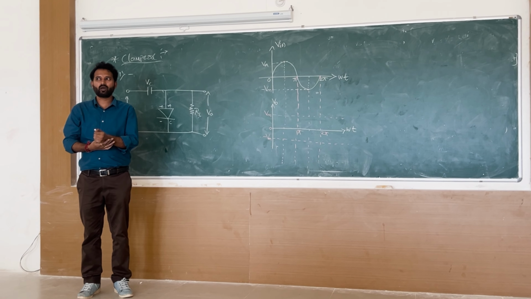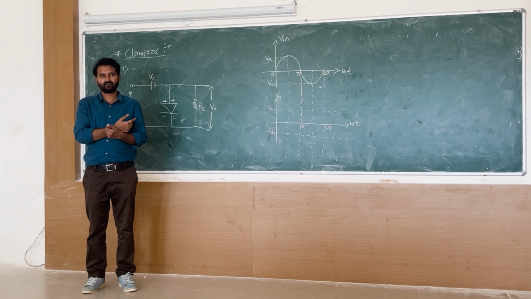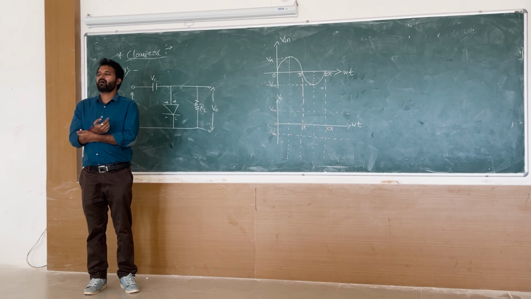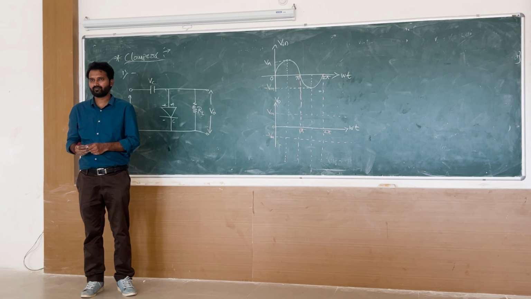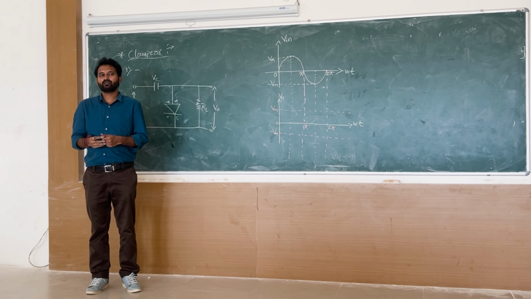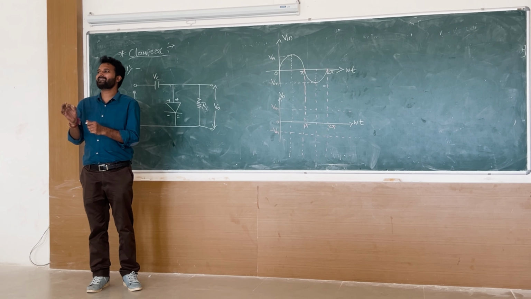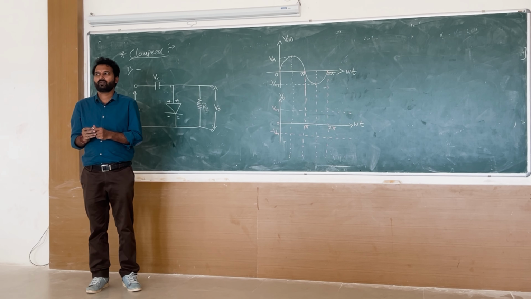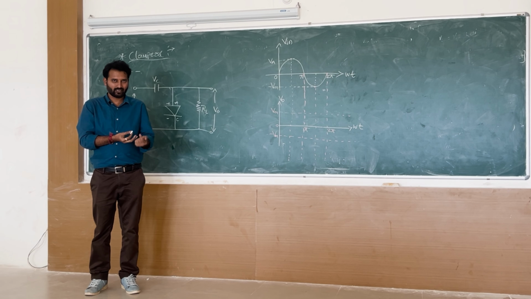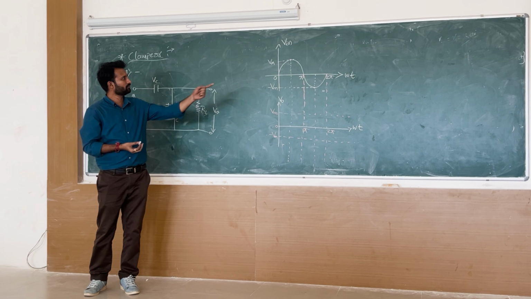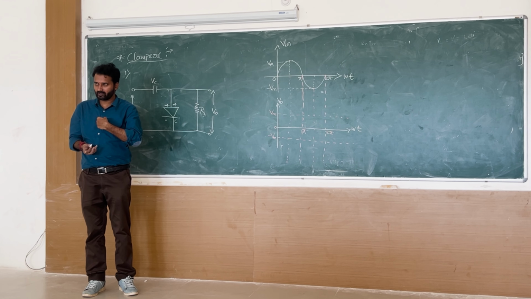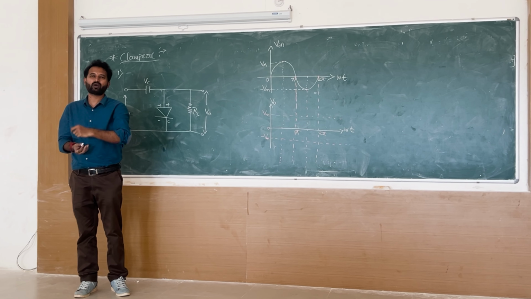So let me tell you what you mean by clampers first. Let me give a definition. These are electronic circuits that are used to add a certain DC level. What are we doing? We are adding a certain amount of DC level to the AC input, as per our requirement, or as per the user requirement.